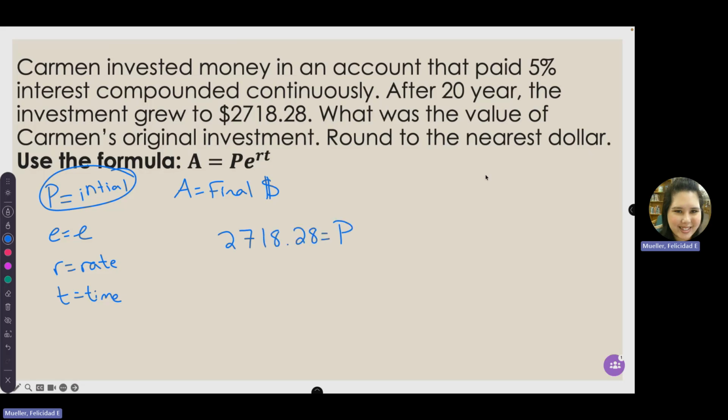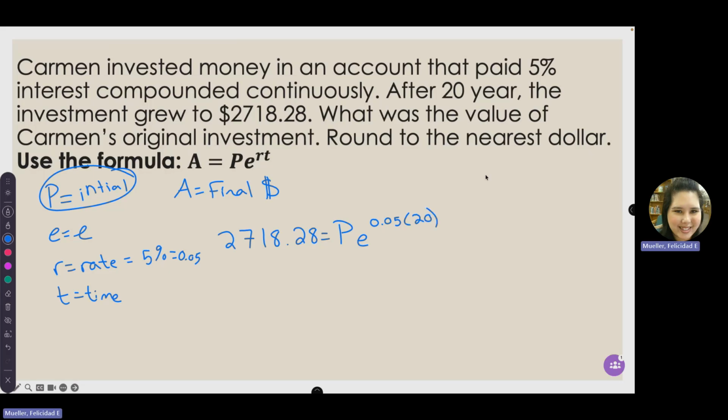I don't know P. It does stay as an E. My rate is 5%, which we already know is 0.05. And then T is 20 years.